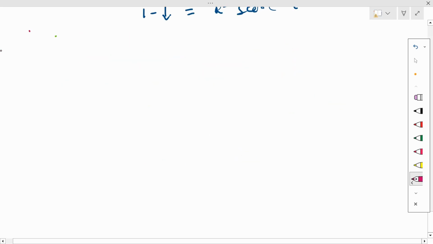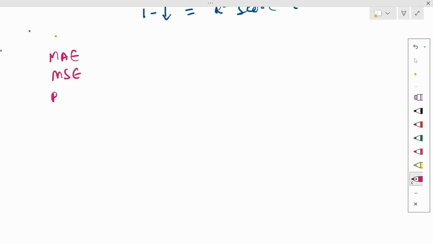We talked about different metrics, which are mean absolute error, mean squared error, and root mean square error, which tell us how deviated the predicted values are from the actual values.